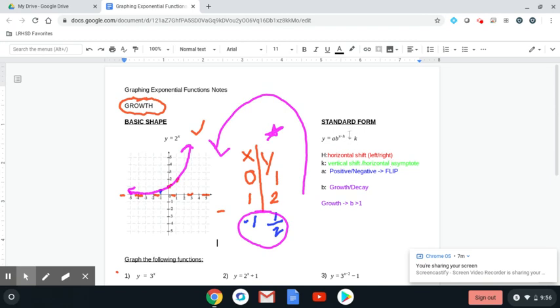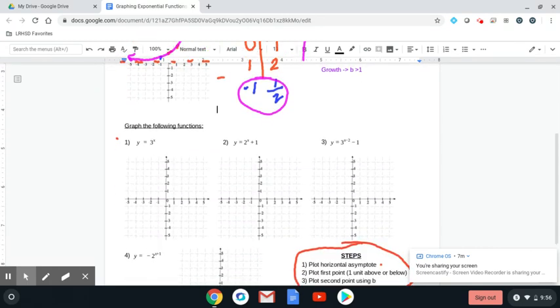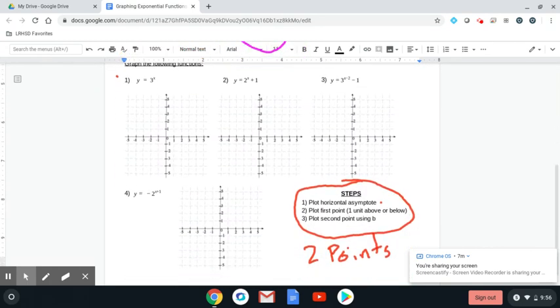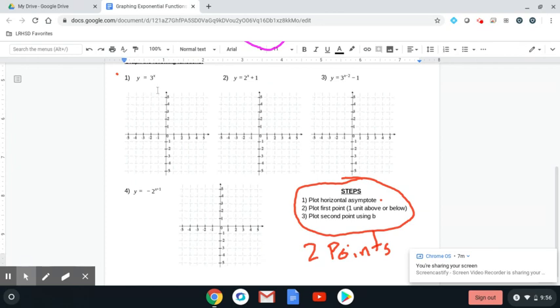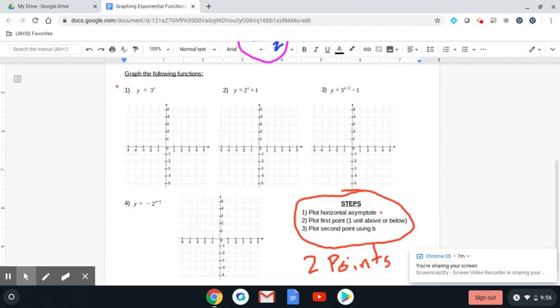On problem number 1, if I look at the very end outside of 3^x and I don't see anything there, that tells me my k value is 0. So I'm going to plot my horizontal asymptote right along 0, which is right over the x-axis. That's my first step.